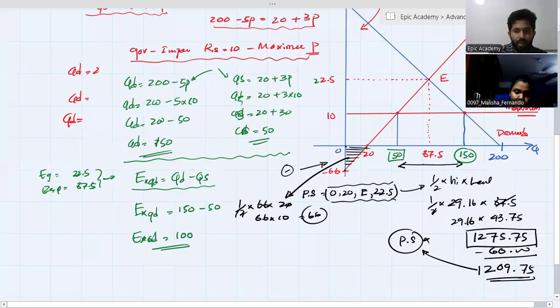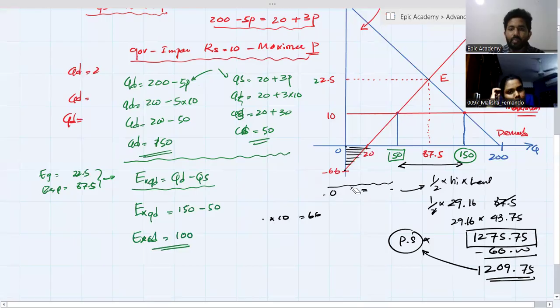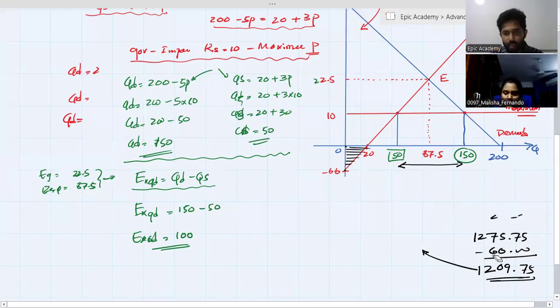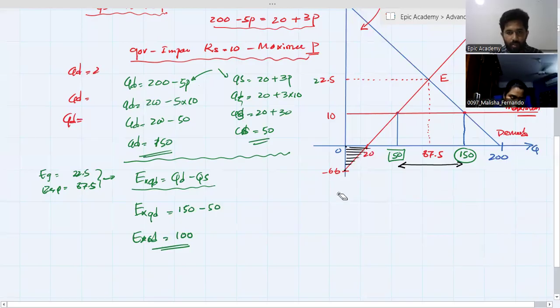Now you already identified the excess demand after enforcing the maximum pricing. Now copy this excess demand calculation.